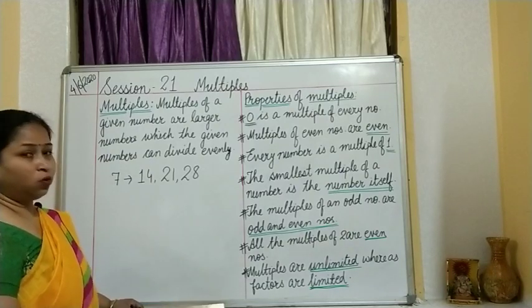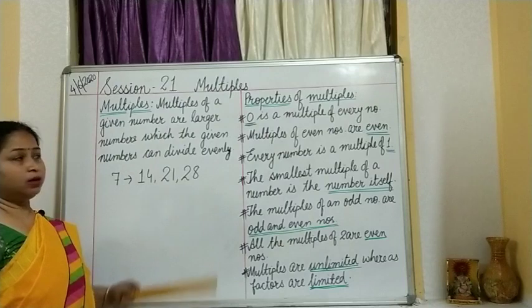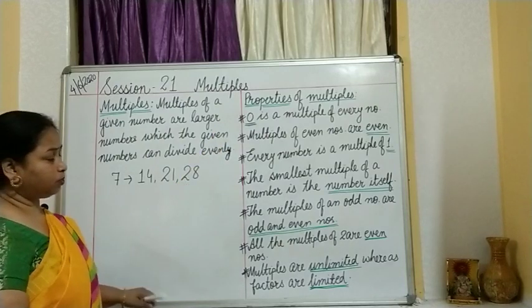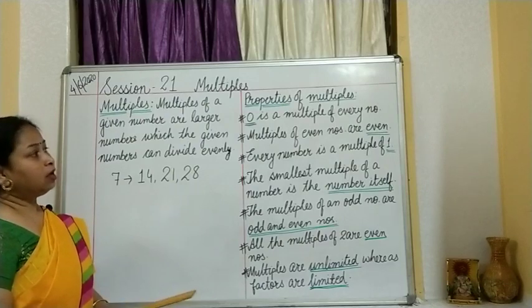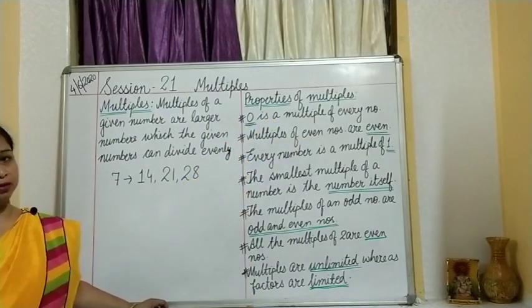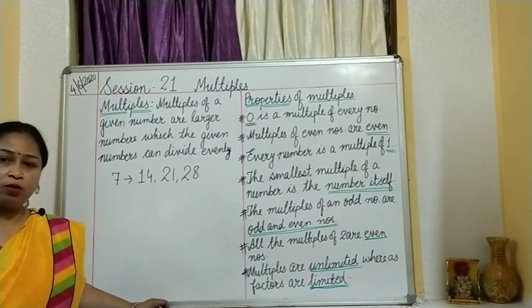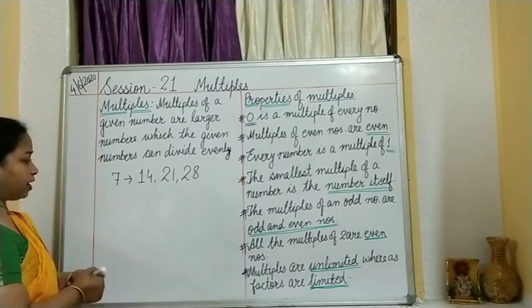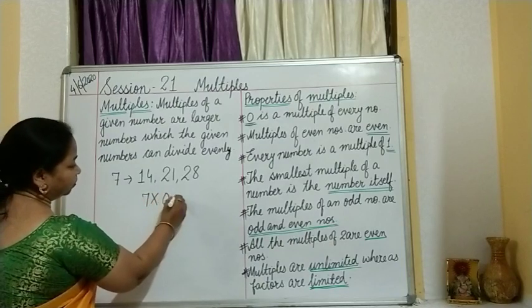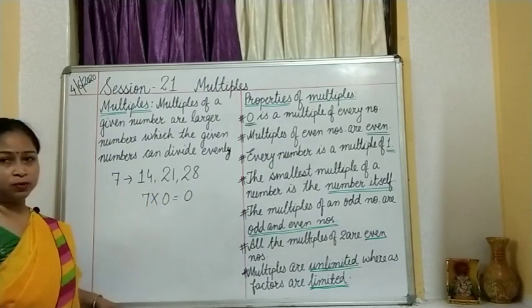Okay. So if this definition is clear, let us move on to the properties of multiples. The very first property says 0 is a multiple of every number. What do you mean by 0 is a multiple of every number? If I take 7 multiplied by 0, what will you get? 0, right?